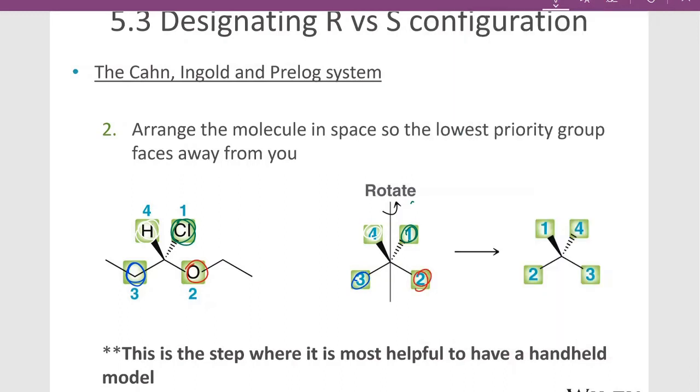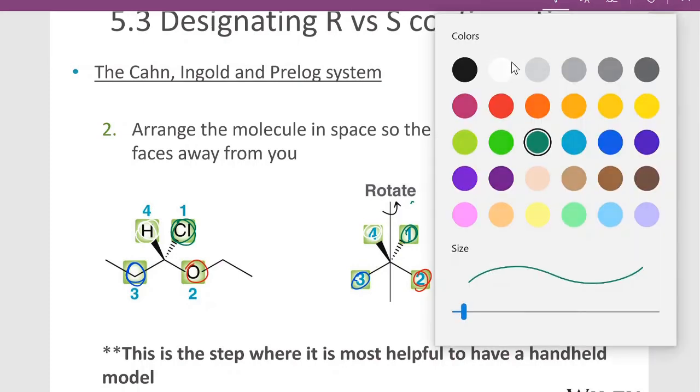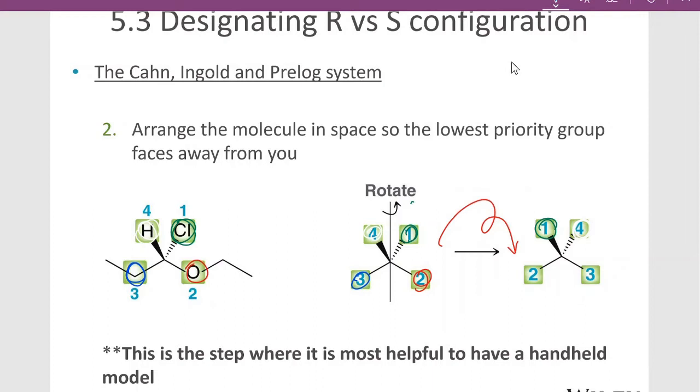Now if we flip that around, notice that now the white group is to the back. So if you have a handheld model, now your white is to the back, your green is coming out at you, your blue is now on the right, and your red is now on the left.